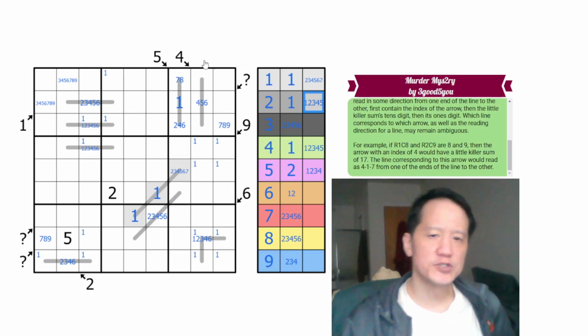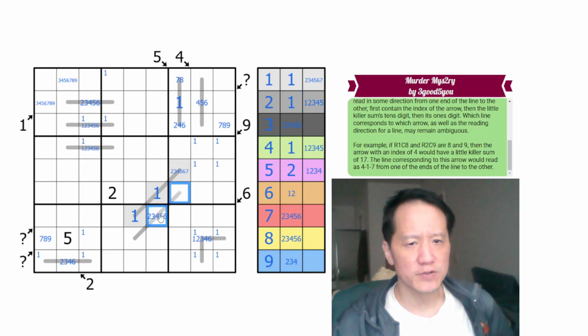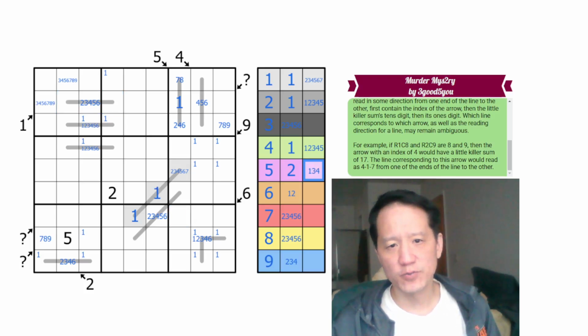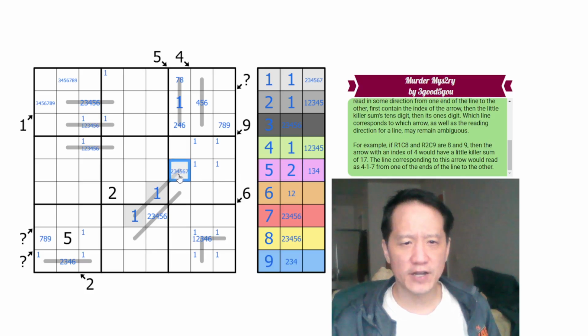Can it ever be 2, 2? I don't think so, right? Yeah, this can't. Any 2 has to be by itself as a tens digit. So this can never be 2. And in fact, I don't think any other one can be 11 if you have a 1, right?